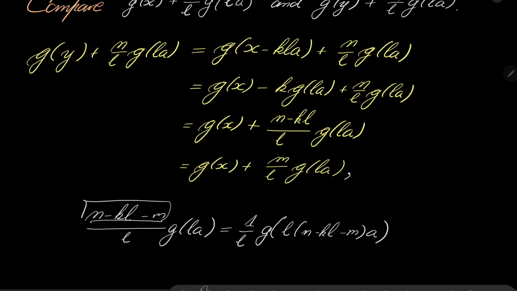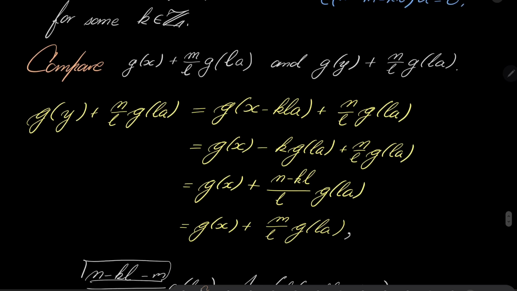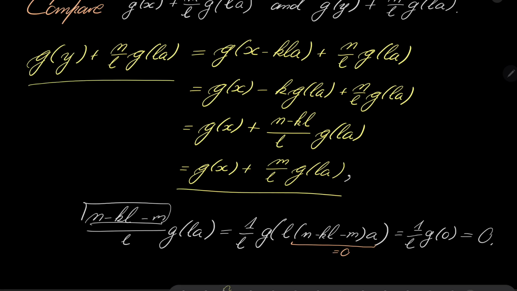But remember, we have demonstrated that n minus m minus kl times a is 0. This part right here is 0. So we have 1 over l times g of 0, but g of 0 is 0, so it's again 0. So this crucial equality has been demonstrated, which means that our function is indeed well-defined.